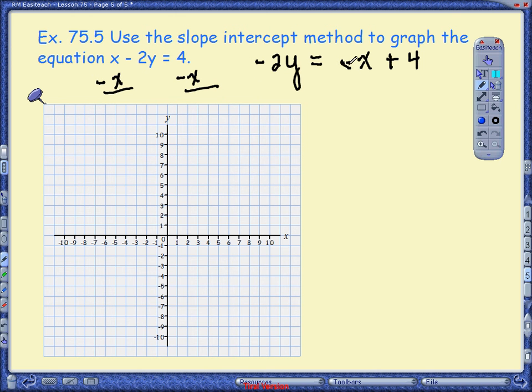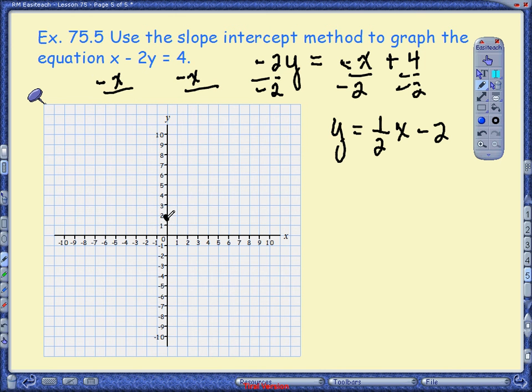It's positive 4, so we put plus 4. I'm going to divide through by negative 2. And my equation of the line then is going to be positive y. Remember what we do when we don't have a coefficient for x. We use a 1. It's a negative divided by a negative. So we get 1/2 x minus 2.